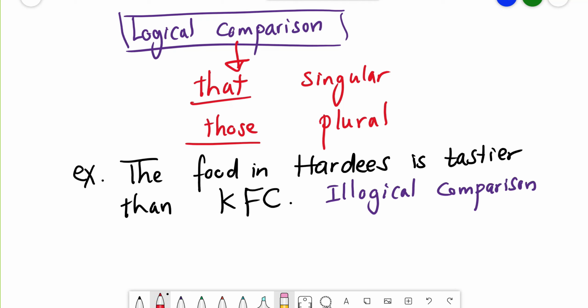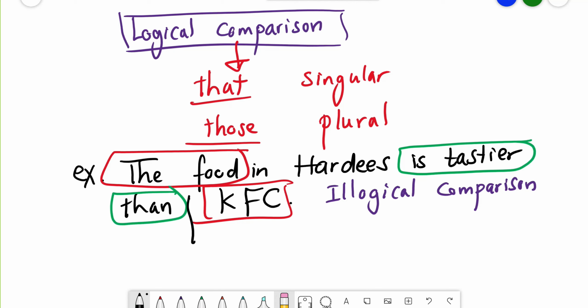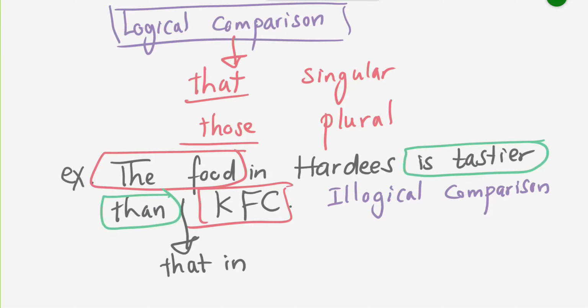Simply because you are comparing the food to what? To the place, to the restaurant. And of course, we have got something else. We have got the tool of comparison, which is what? Tastier than. You remember? How can you correct it? Simply, I'm just going to add here that in. Food is singular. You got the point. This is for the singular.